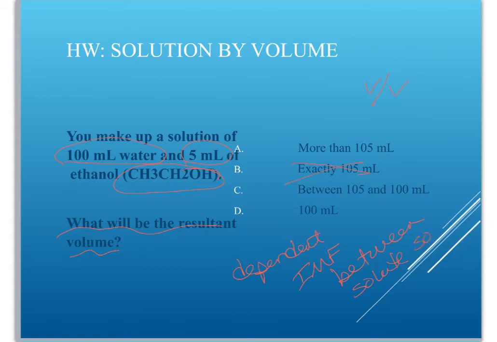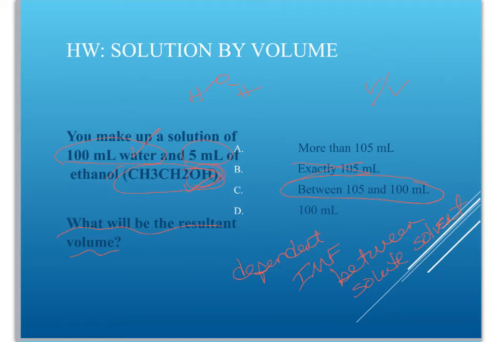You can hopefully envision this. If the intermolecular attractions between, in this case, ethanol and water are very strong, then they're going to want to get really close to each other. And if they pull close to each other, what do you think is going to happen to the volume? The volume is going to shrink because the molecules are getting so close to each other. And you should be able to predict this by the end of this PowerPoint with some practice, because water is H2O, right?